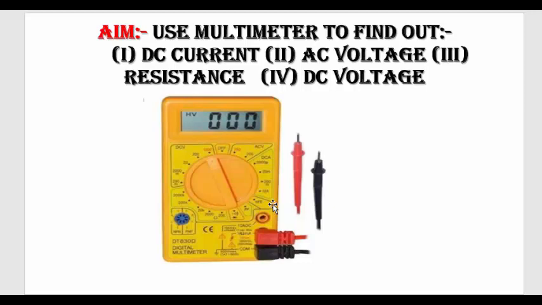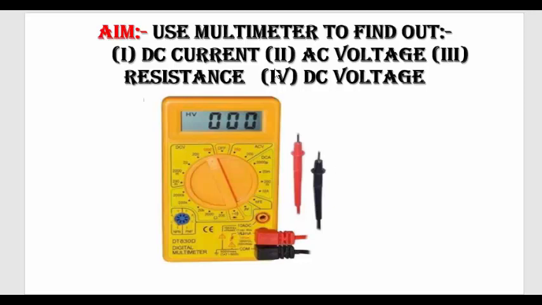So if we want to calculate the DC current, we have to connect our source to the test leads, and after that we have to move our knob in this region. After adjusting the knob, the screen displays the value of the current of the source. This is a very easy experiment.